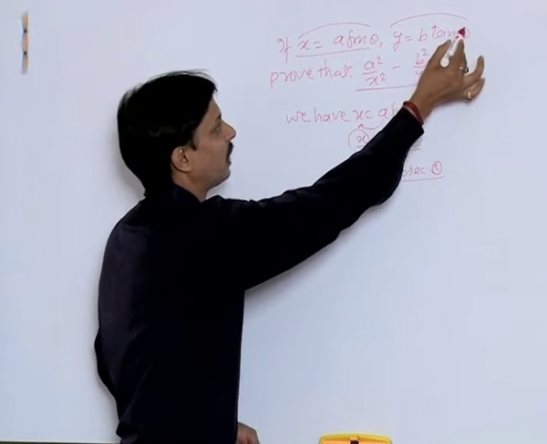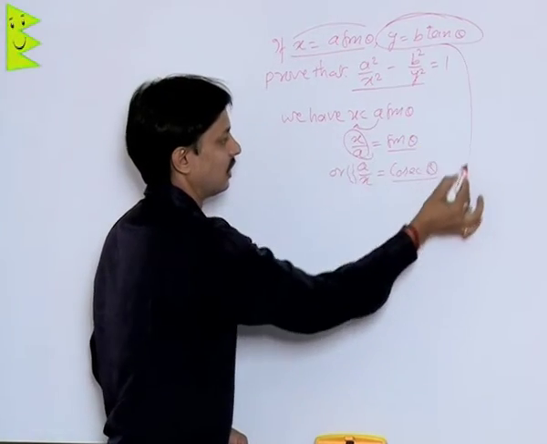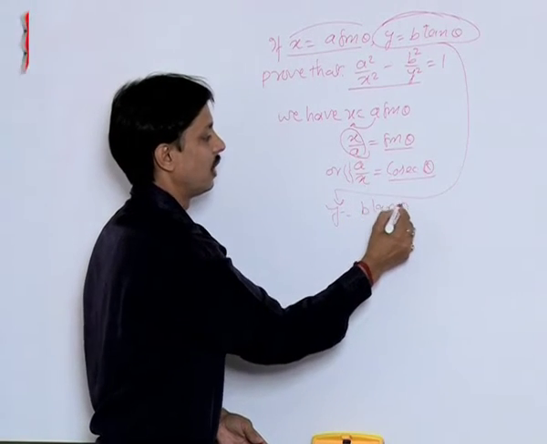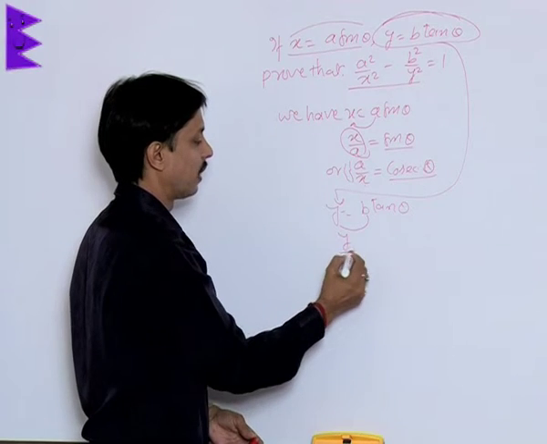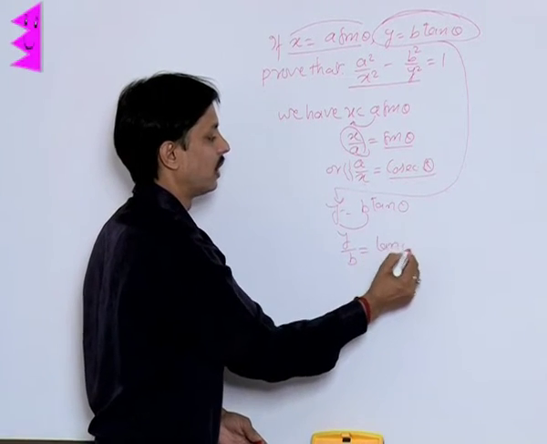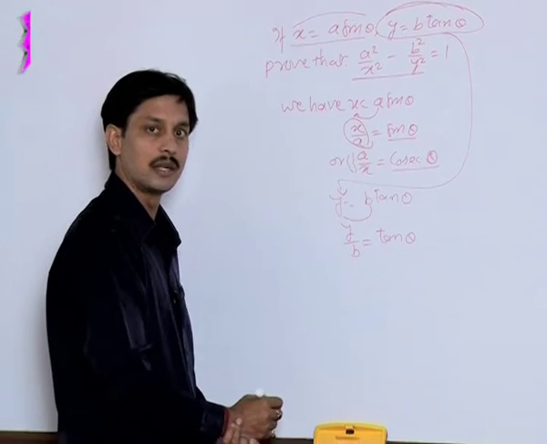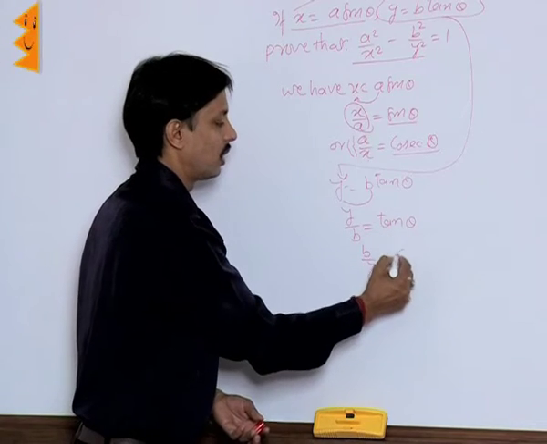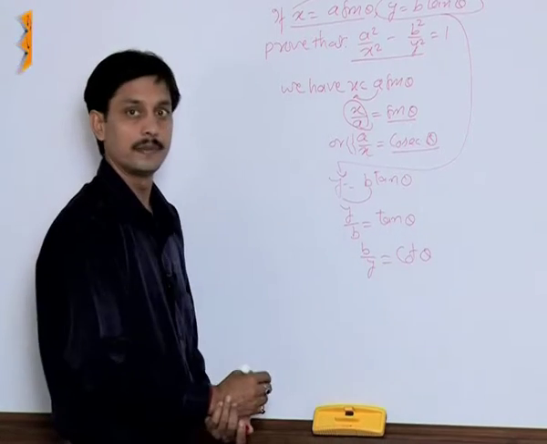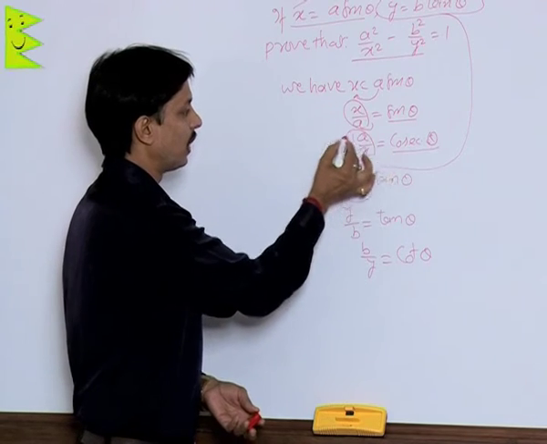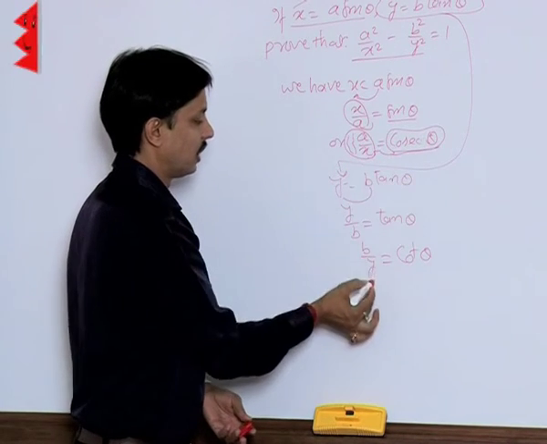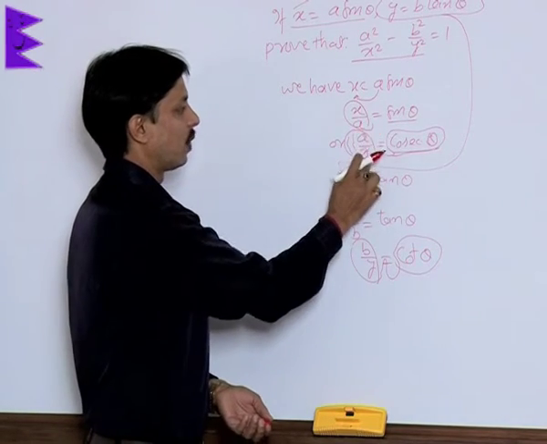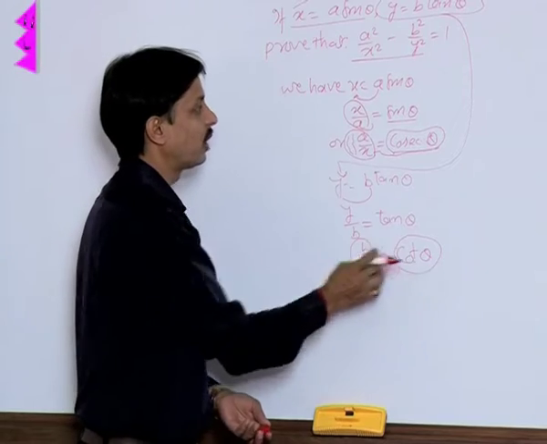Now similarly, if we take the second one, y is equal to b tan theta. If we take b here, we will get y upon b is equal to tan theta, and the inverse of this result, that is b upon y, is equal to the reciprocal of tan, the cot theta. So a upon x is cosec theta, b upon y is cot theta.